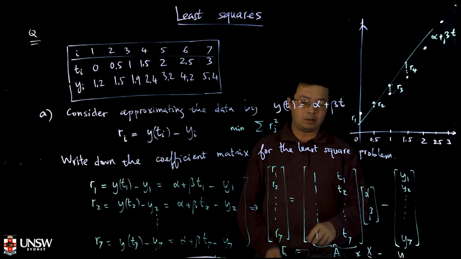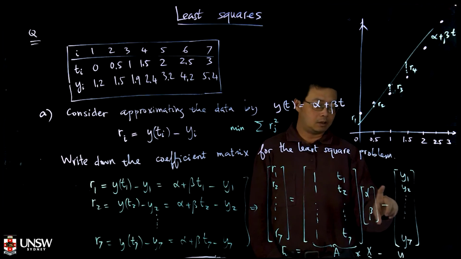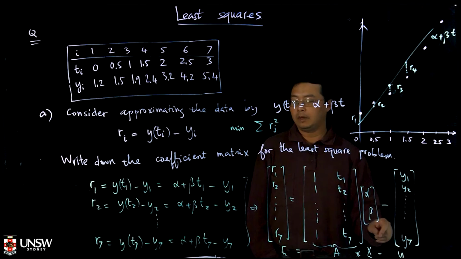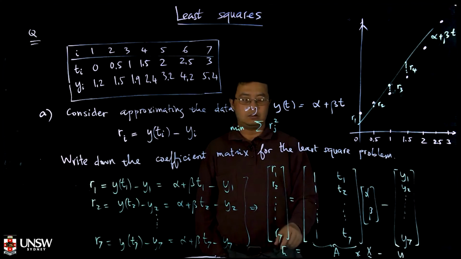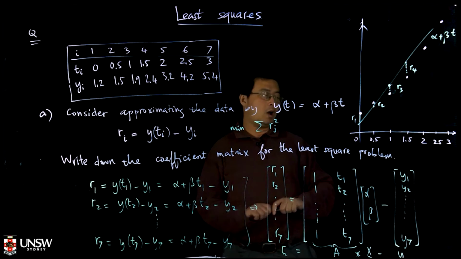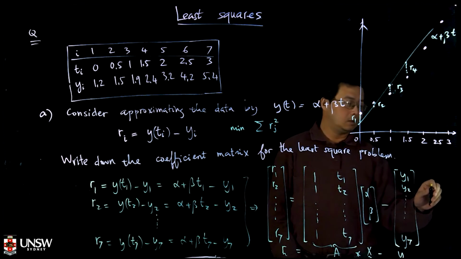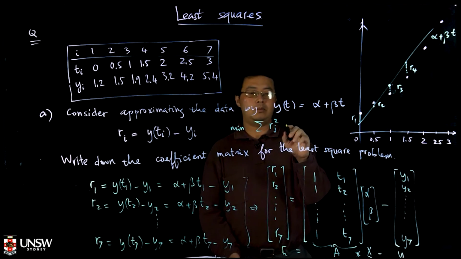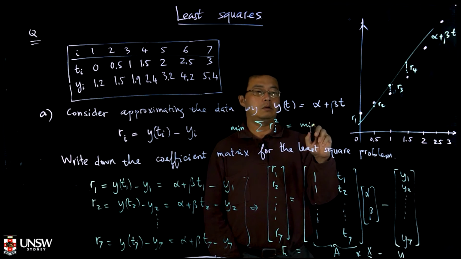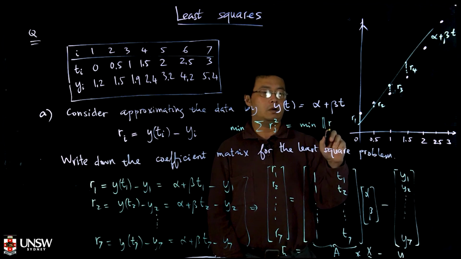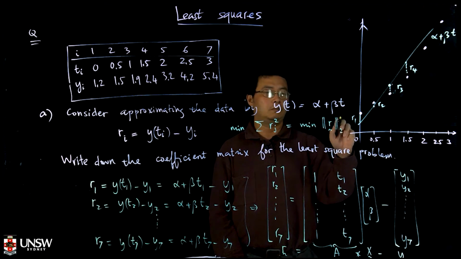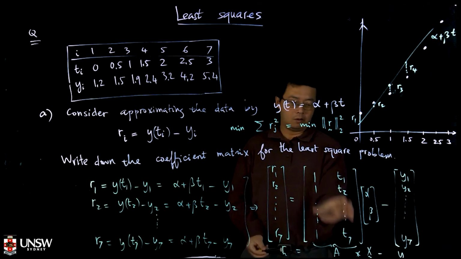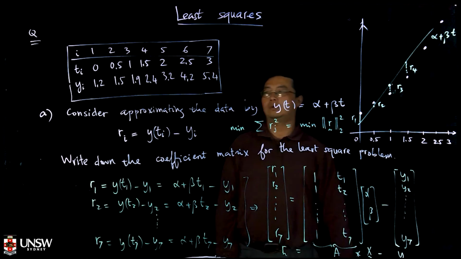This is the coefficient matrix, this is the unknown coefficient, this is the data, and this is the residual vector. So what you want to do is minimize the residual, that is, minimize the 2-norm of the residual vector squared. Okay, that's it.